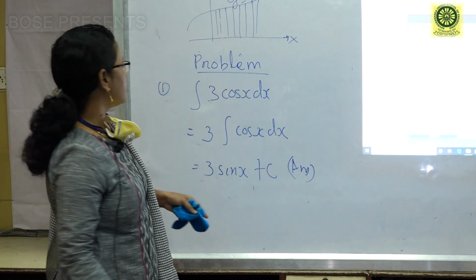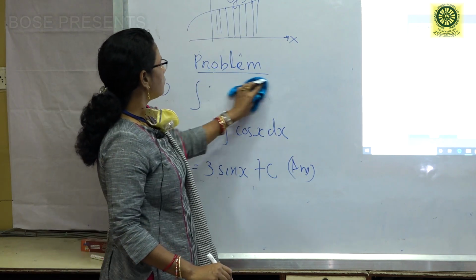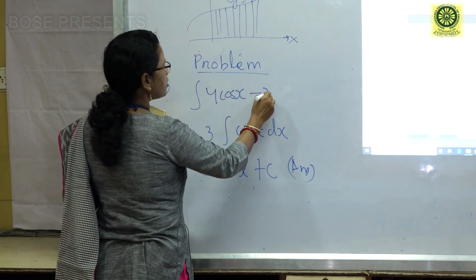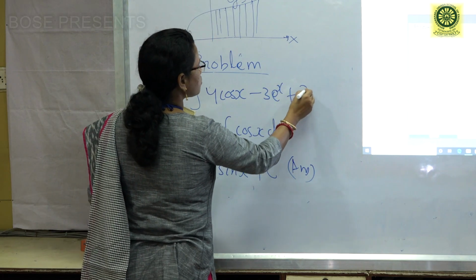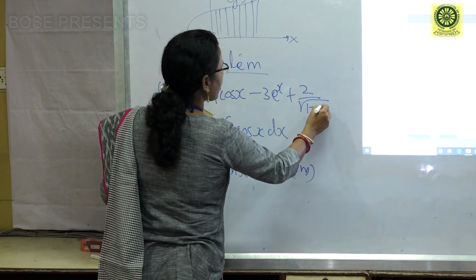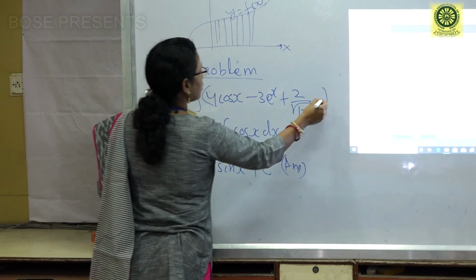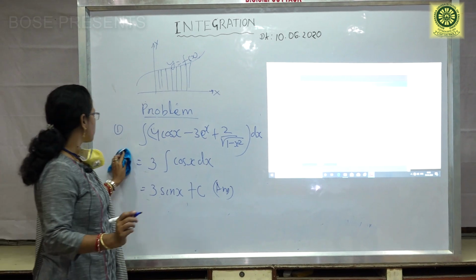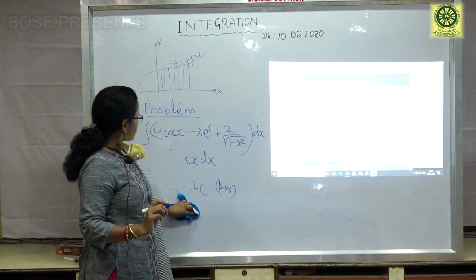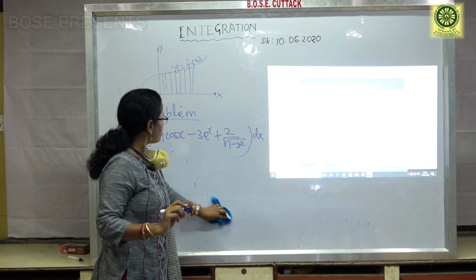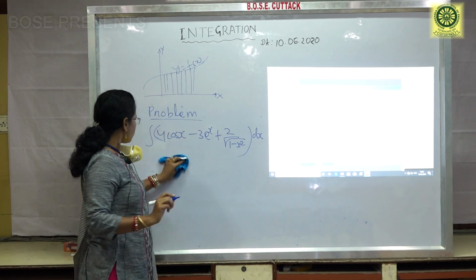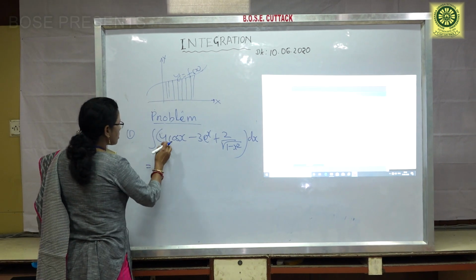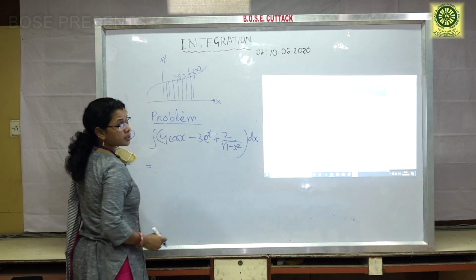Then our third one is the integral of 4 cos x minus 3 e to the power x plus 2 by root over of 1 minus x square with respect to x. We can evaluate this integral by using the algebra of integrals, that is, by separating it into 3 parts.